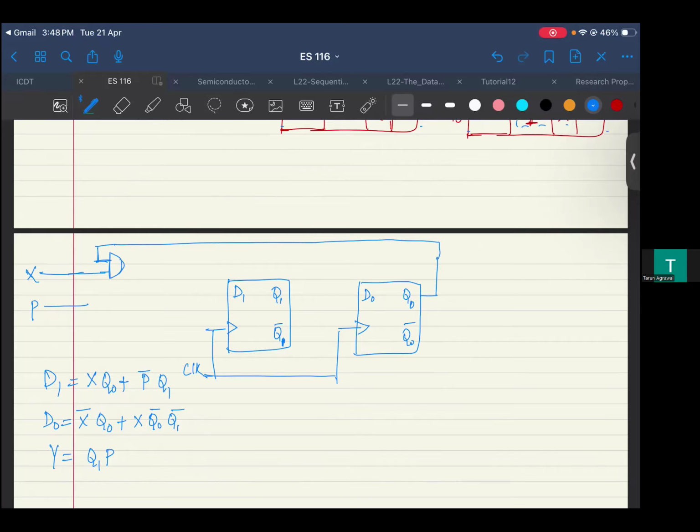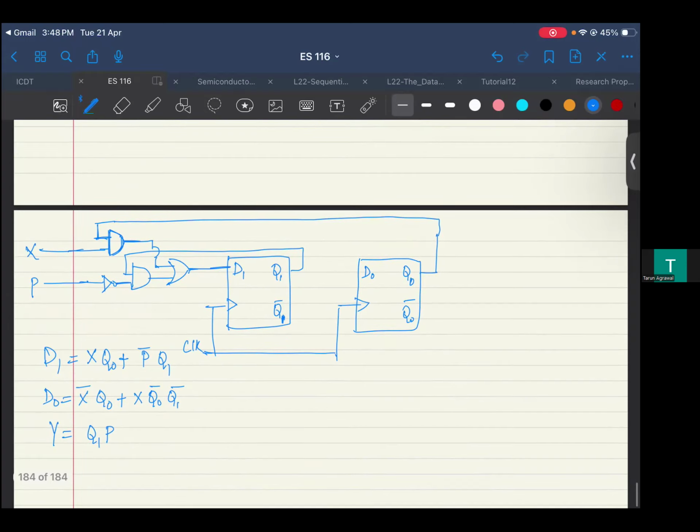And with the AND gate, then you have summation with Q1 bar. So there's a P which is coming, which is this. And other than that P bar, you have Q1, which also comes as one of the inputs of this. And then these two will have the OR, and that would go into D1. Right? So this is the implementation of this part of the D1.